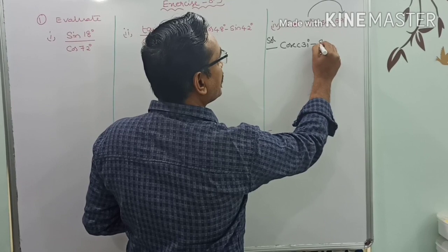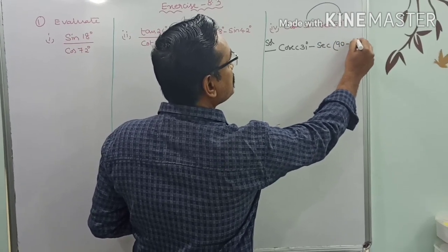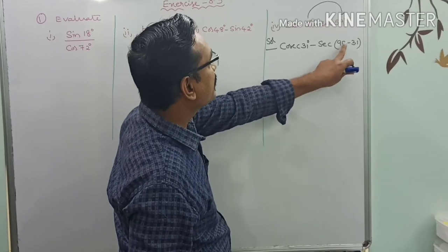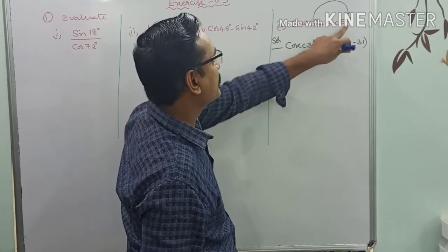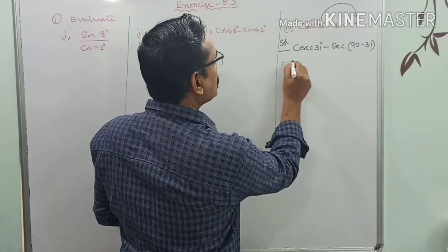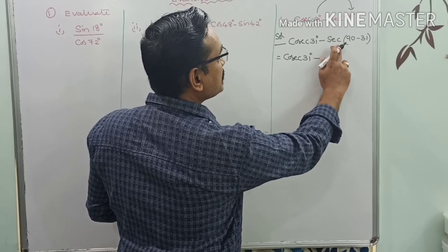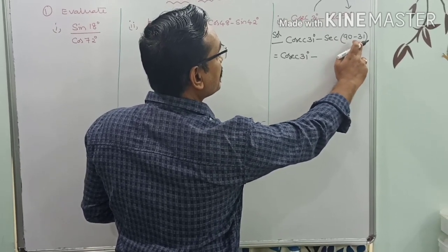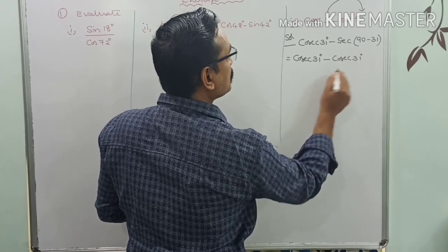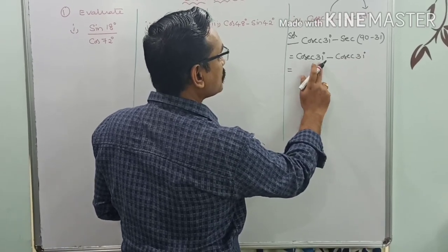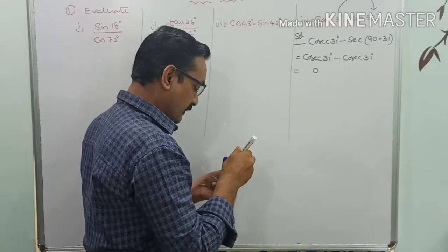Instead of 59, we can write 90 minus 31, which gives 59. Next, cosecant 31 minus secant of 90 minus 31, and secant of 90 minus theta is equal to cosecant theta. So cosecant 31 degrees minus cosecant 31 degrees equals 0.